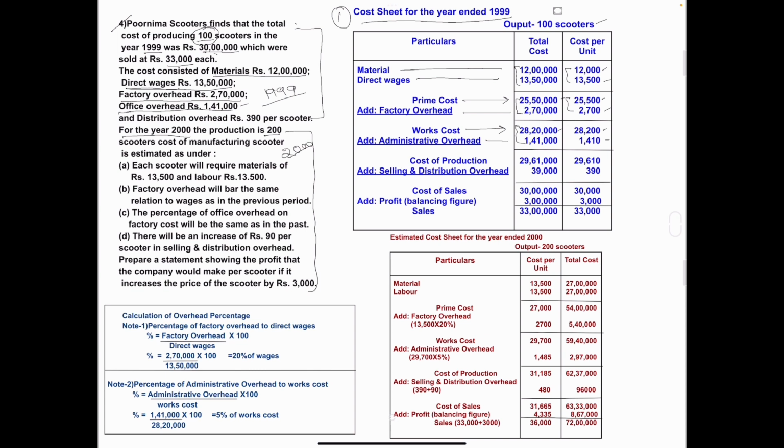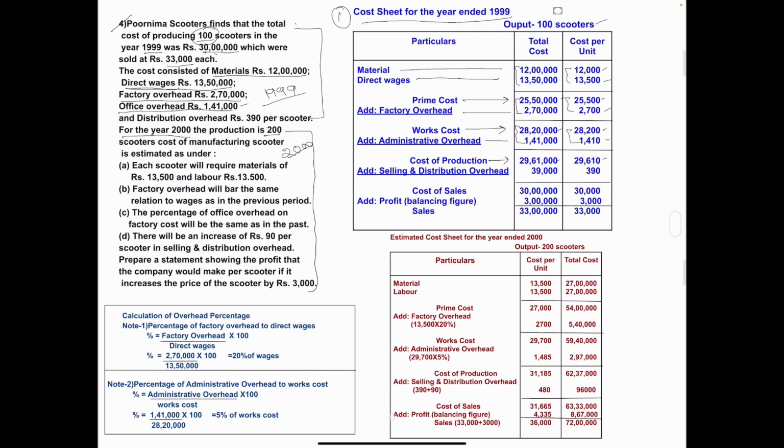Add these two. 28,20,000 plus 1,41,000, and the total is 29,61,000. Here 28,200 plus 1,410, total is 29,610, and this is called cost of production.